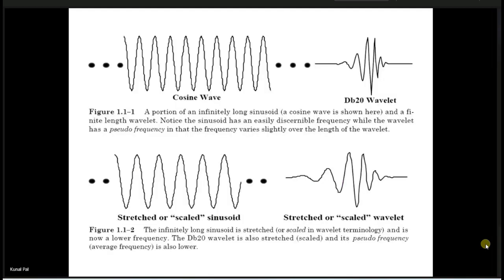Now, what is the wavelet analysis and how is it different from the normal Fourier?